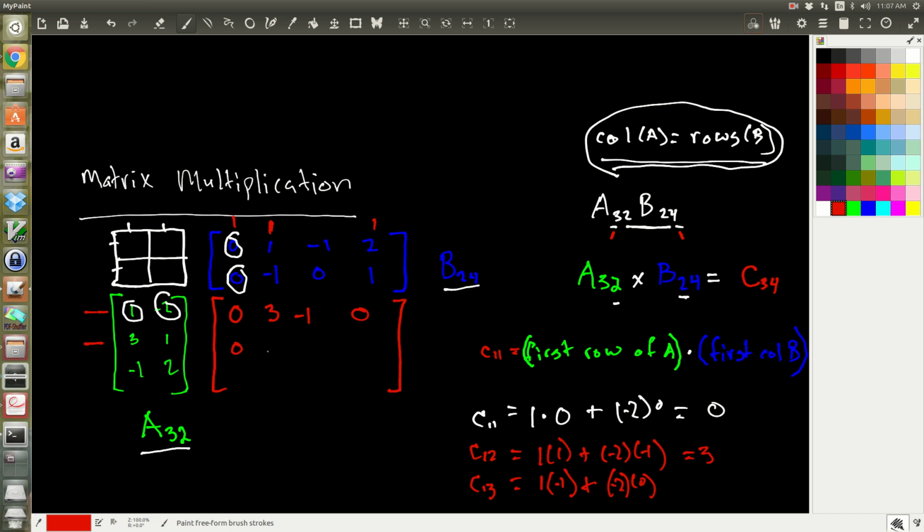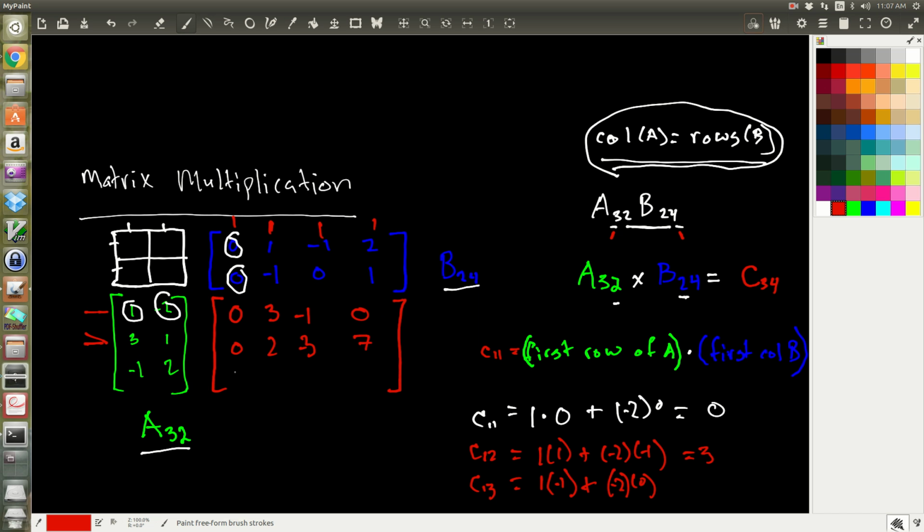We're going to get 1 times 3 minus 1 is 2, and then now we do this row again with this column to get this component, and we get 3 times minus 1 plus 0 times 1, which is going to be minus 3. And then this one we're going to get 6 plus 1 is 7.